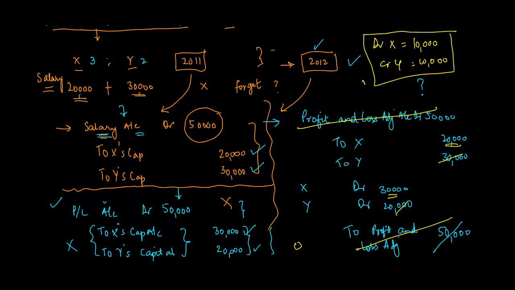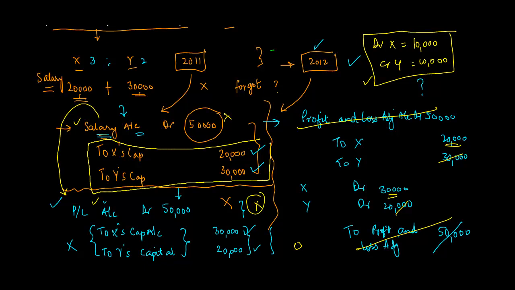Net, the result is the same as I showed you earlier. This salary account and P&L account have to be adjusted in the same account, so this 50 debit and this 50 credit really don't make a difference. In any case, once you have prepared the salary account, that also goes to the P&L account only. So you can just credit these two and debit these two and get the net result.